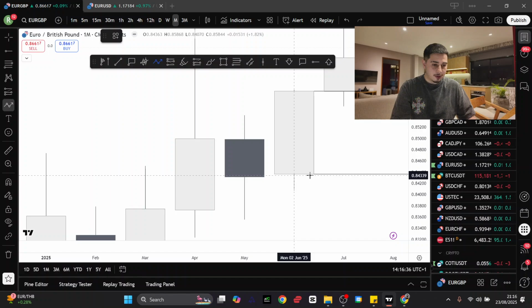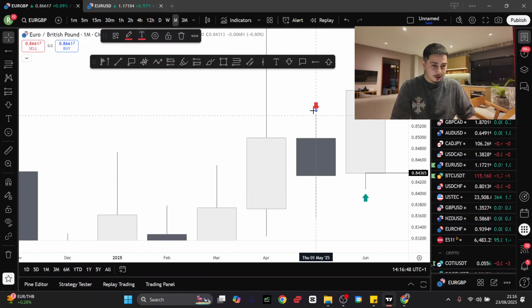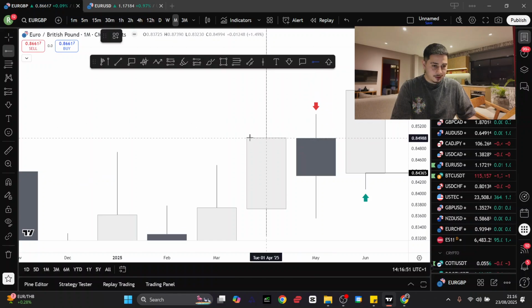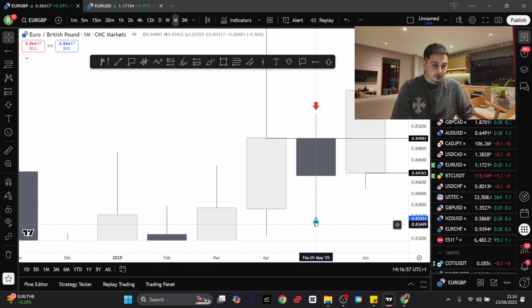So price has opened, and at some point it's come down to here, and at some point it's come up to here. It's the same with the previous month, right? Price opened right here, and it's pushed up to here, but it's also pushed down to here and then closed right here, okay?